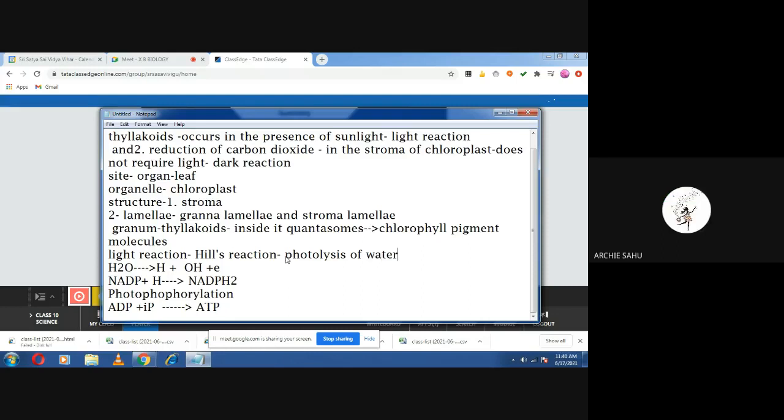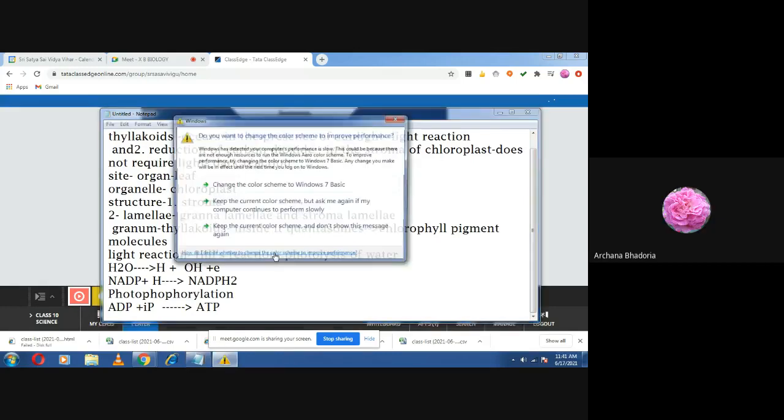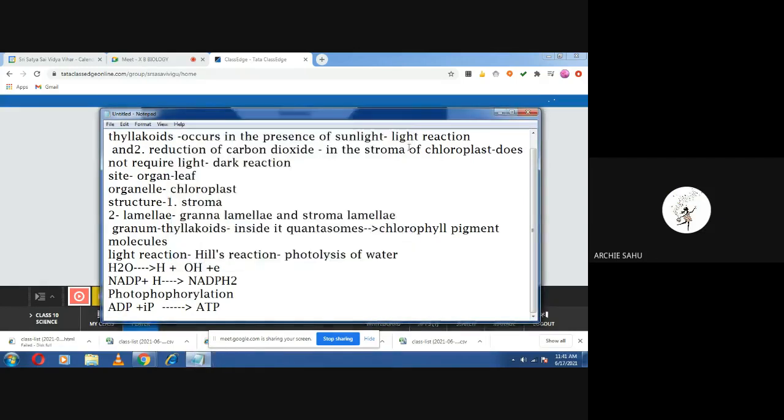Photolysis of water. और photolysis of water होगा तो क्या क्या मिलेगा? Can you say quickly? Hydrogen and OH minus. H positive ions and OH negative ions. What you should remember? H positive ions and OH negative ions.